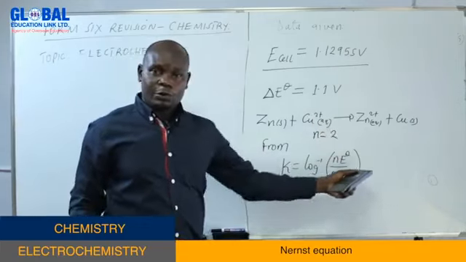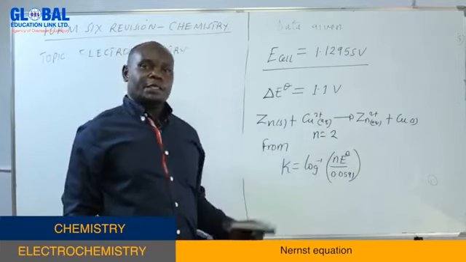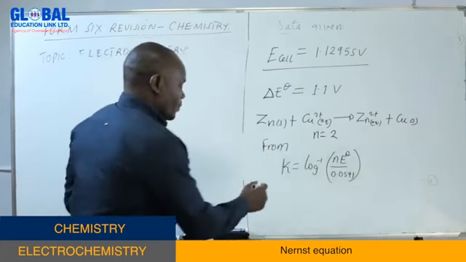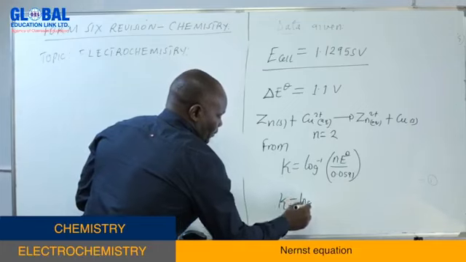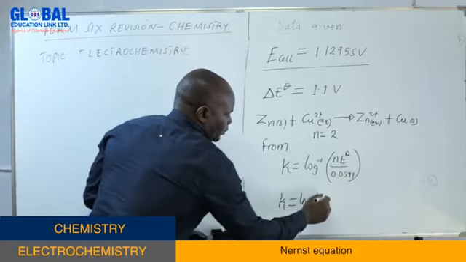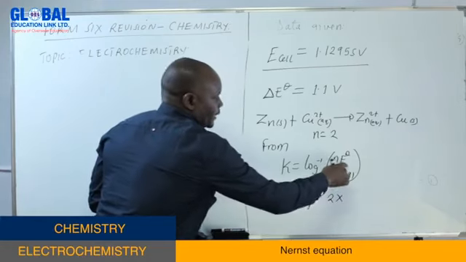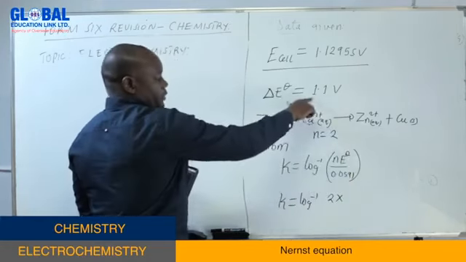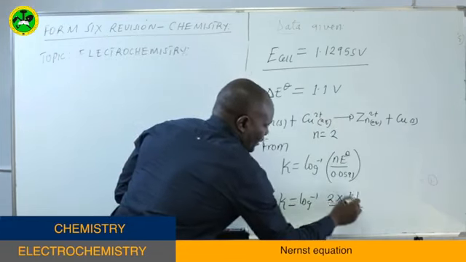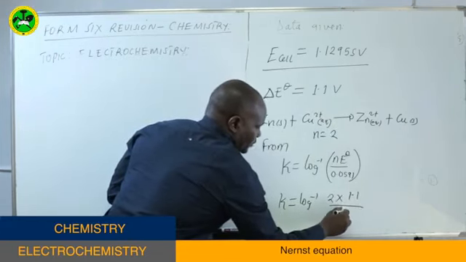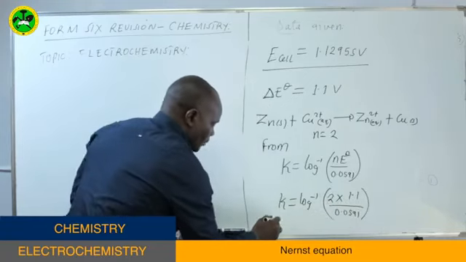So we have all the values that can be substituted into our equation. So K here will be equal to log inverse of n, which is 2, times the standard electrode potential of the cell, 1.1, then divided by 0.0591.